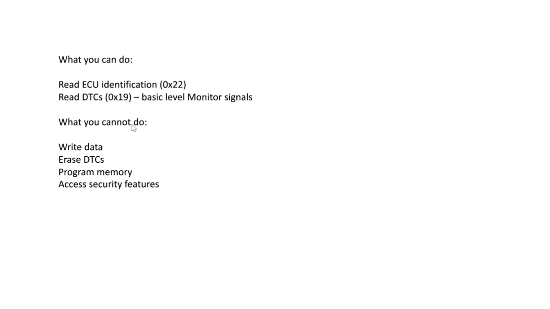What we cannot do in the default session: writing data, as already discussed, erasing the already existing DTCs, programming the memory for flashing or writing any configuration into the ECUs, and accessing security features.